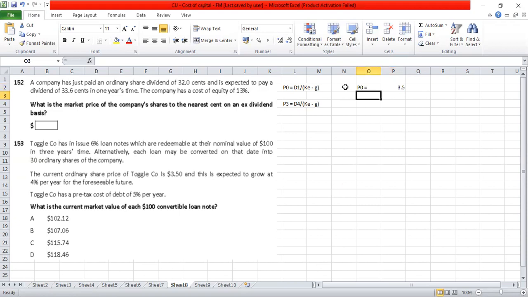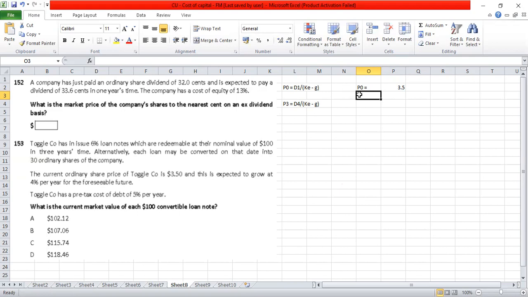By the time it becomes P3, the KE and G in both the equations are common. So if D1 becomes D4, we can find out what P3 is.